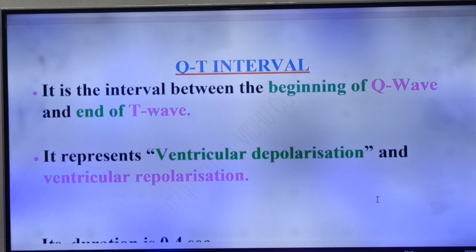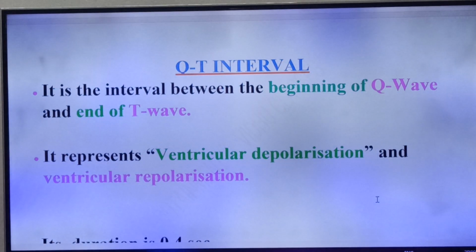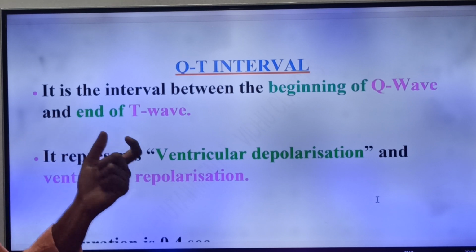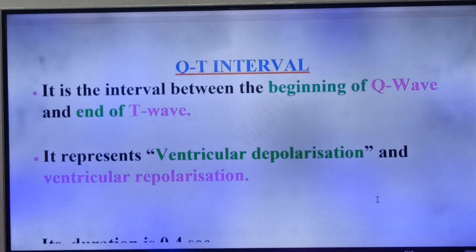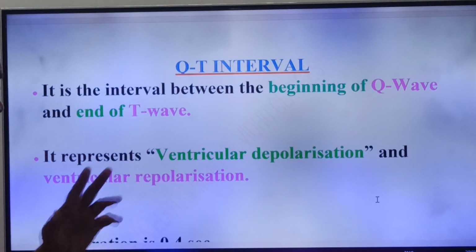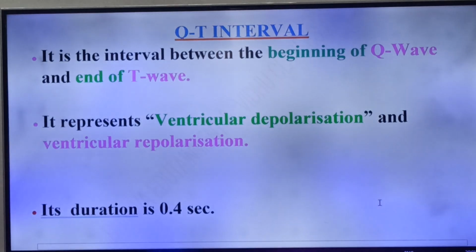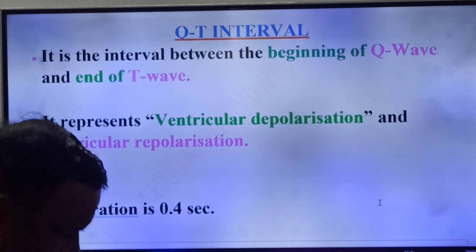The time between the beginning of the Q wave and the end of the T wave is called the QT interval. It depends on both ventricular depolarization as well as ventricular repolarization. Its duration is 0.4 seconds.